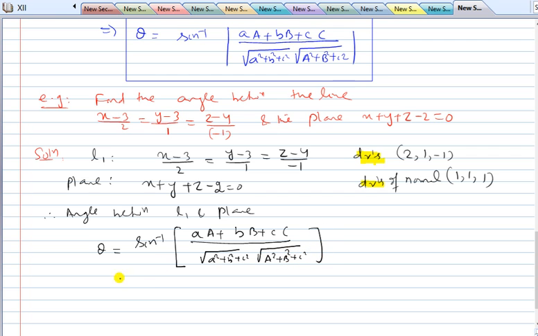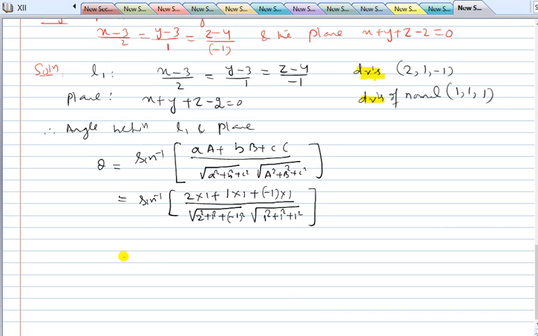Okay. So let us put it, this is sin inverse 2 into 1 plus 1 into 1 plus minus 1 into 1 whole divided by square root of 2 square plus 1 square plus minus 1 square and square root of 1 square plus 1 square plus 1 square. If I simplify this, I will be getting sin inverse 2 divided by root 6 and root 3, right?